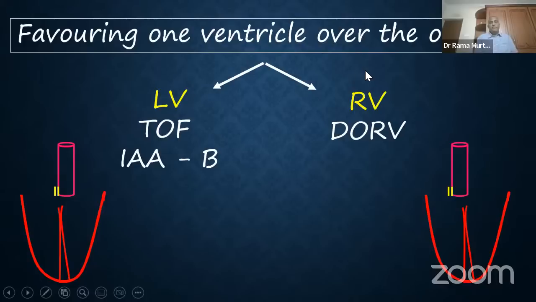So what about favoring one ventricle over the other? If the left ventricle is favored by the overriding artery, as happens in TOF and in interrupted aortic arch type B, or you can have a right ventricular favoring, as can happen in double outlet right ventricle.